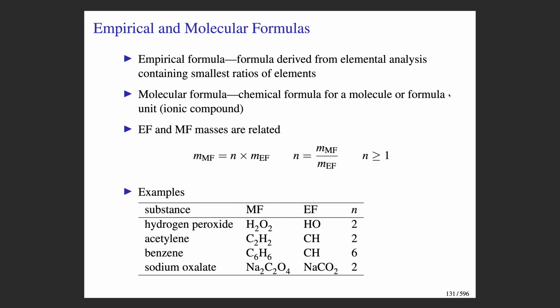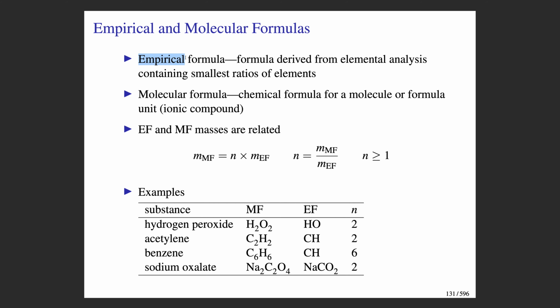The empirical formula is a formula that's derived from the elemental analysis of a compound, and it has the smallest ratio of elements in that compound, whether it's a molecular compound or an ionic compound. Contrast that with the molecular formula, which is the chemical formula for the molecule itself, or the chemical formula for the formula unit if you're dealing with an ionic compound.